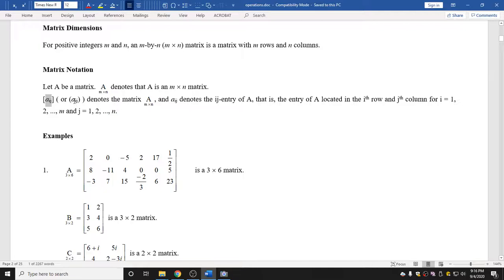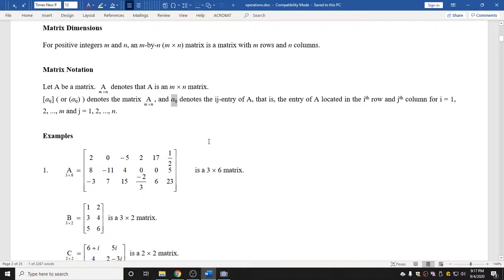We could use parentheses, and what that means is that this is the matrix A that has entries aij. aij denotes entry-wise the entry that is at the i-th location in a row and the j-th location in a column. So aij is located in the i-th row and j-th column of the matrix.